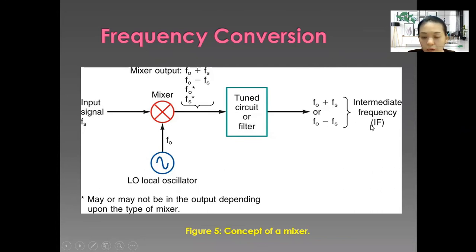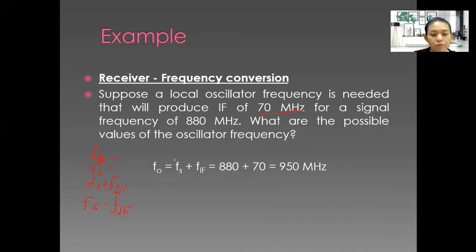F0 is the frequency generated by the local oscillator, so we can bring it over and have F0 equal to IF plus Fs, or Fs minus IF. So F0 is equal to Fs plus Fif: 880 plus 70, so we have 950 megahertz. And the other is Fs minus Fif, 880 minus 70, so we have 810 megahertz.